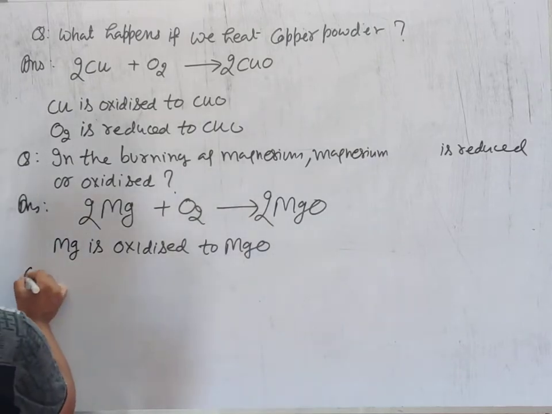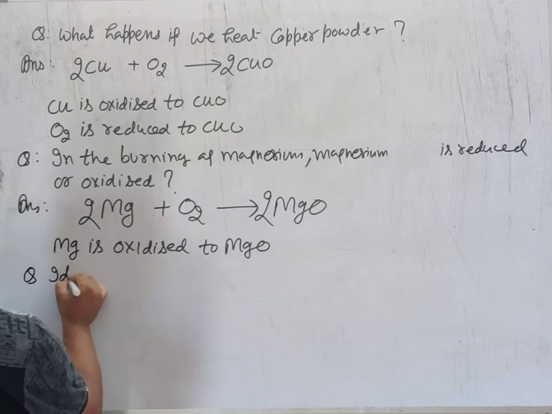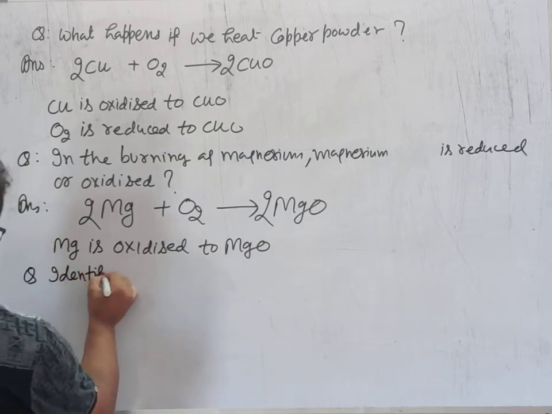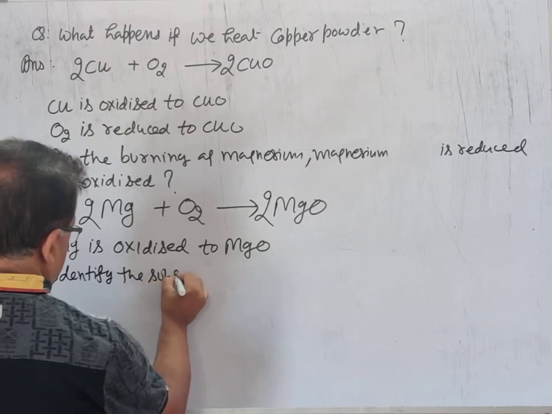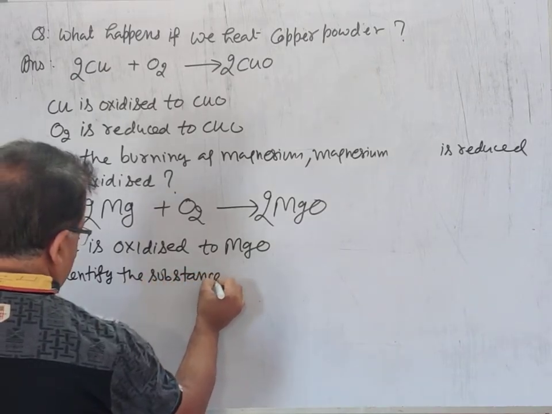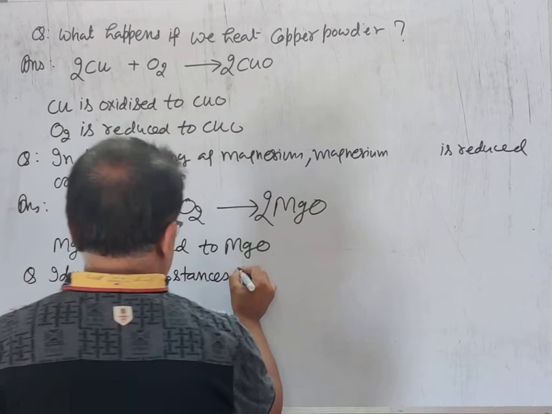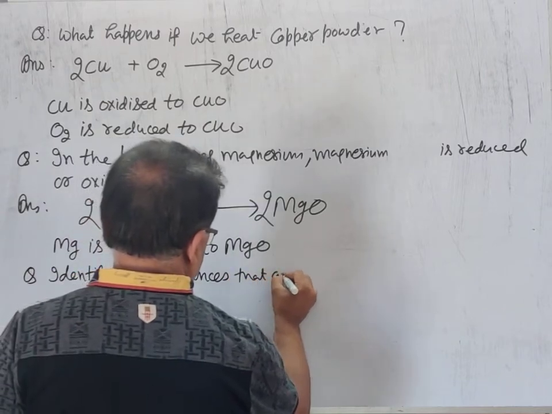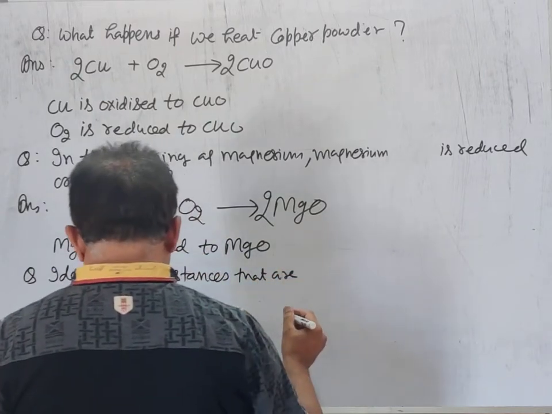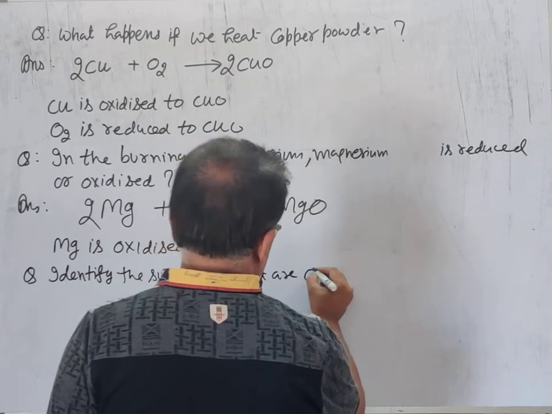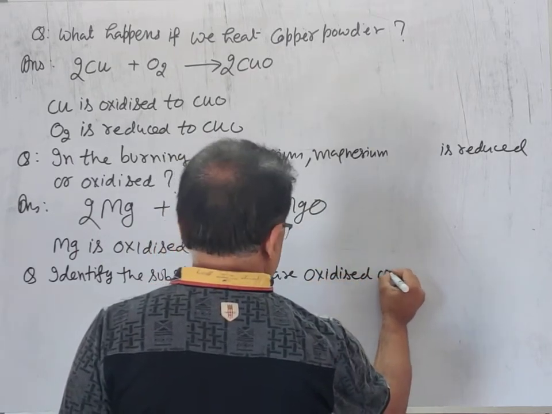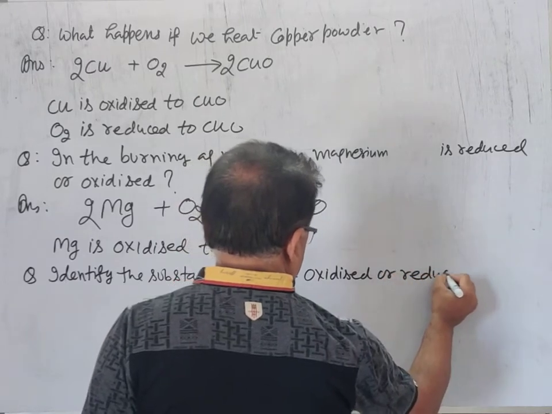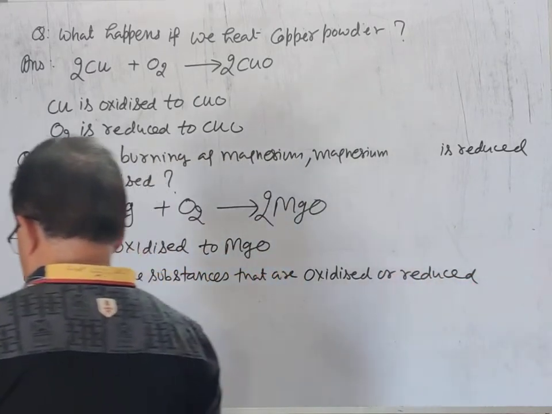And then the next question: identify the substances that are oxidized or reduced in the following equations.